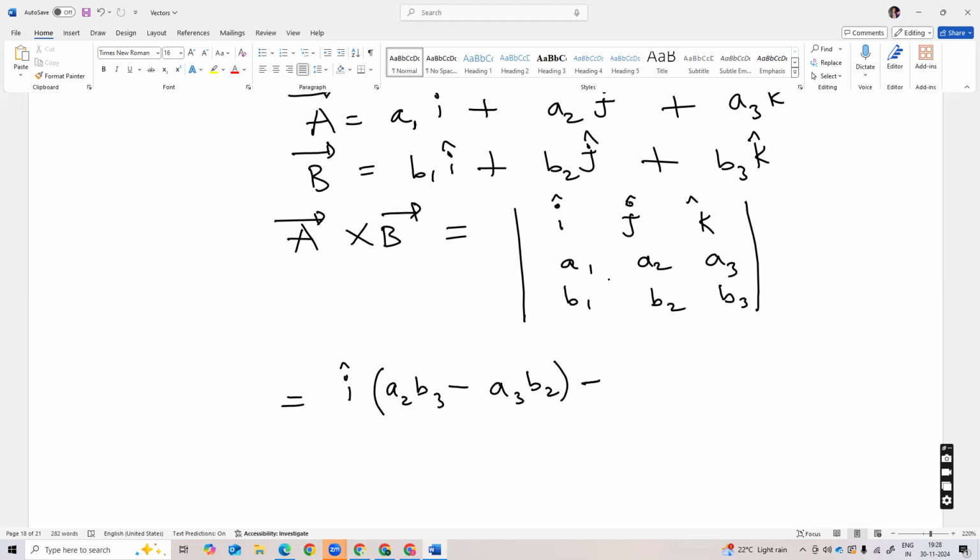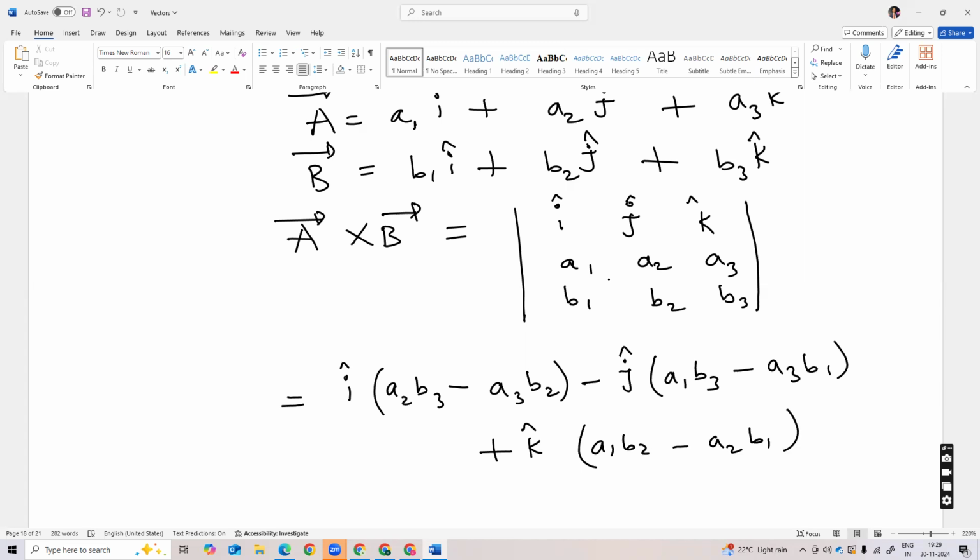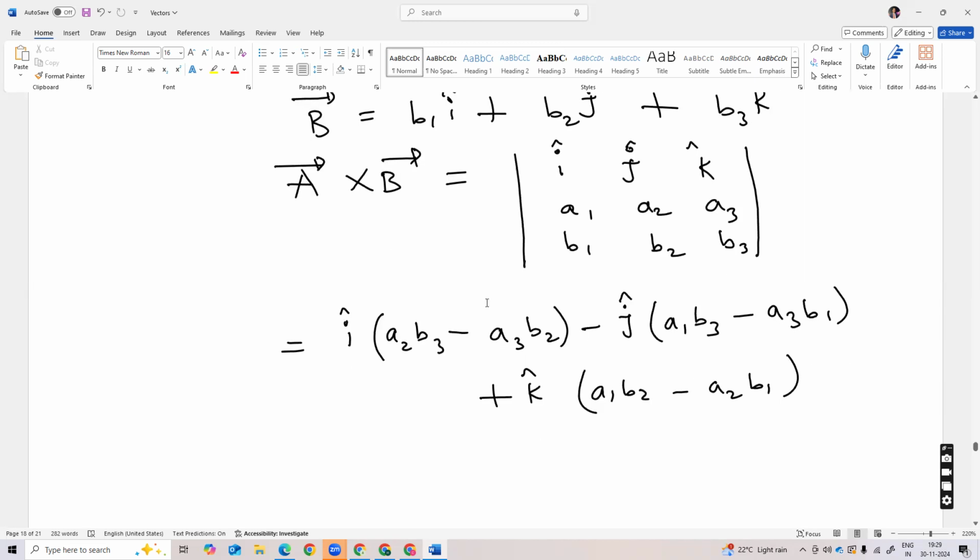Then we will write minus j into, now we will skip this column, a1 into b3 minus a3 into b1, plus k into, now we will skip this column, a1 b2 minus a2 b1. So this is how we will find out the determinant of this vector product or cross product.